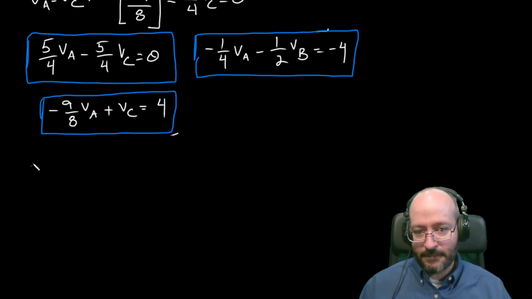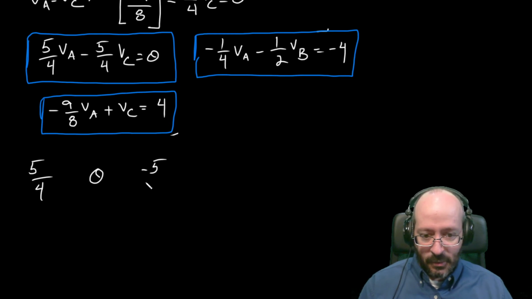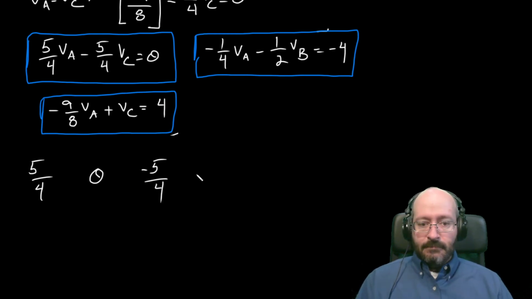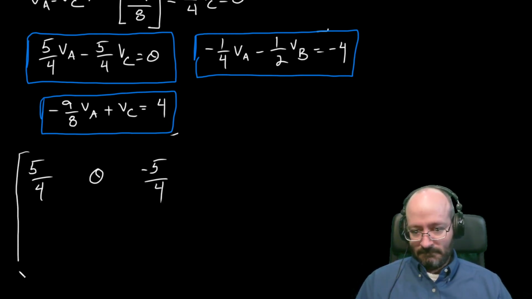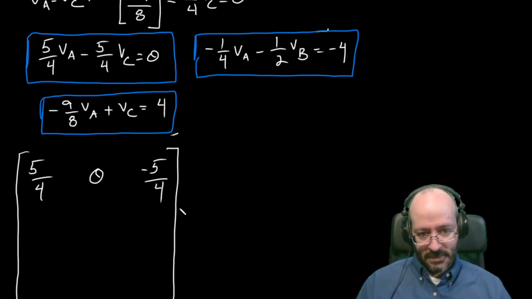Okay, 3 by 3. So we got 5 quarters, 0, right? There is no VB. You got to watch out for that one still. Negative 5 quarters. And the right-hand side is 0. Invert this matrix. Don't screw that up.